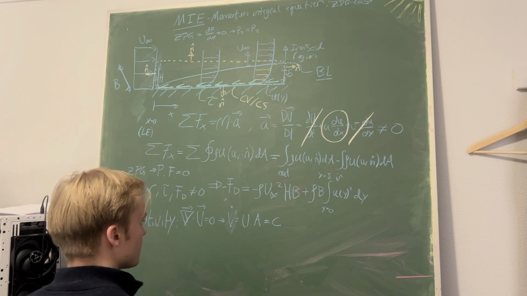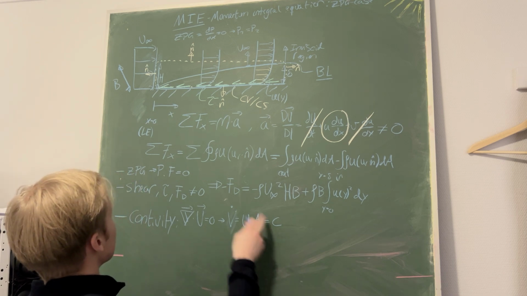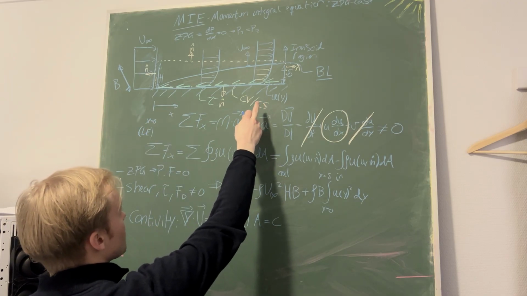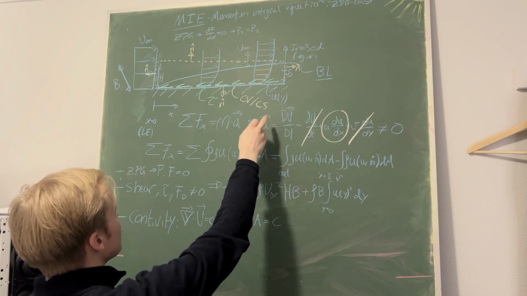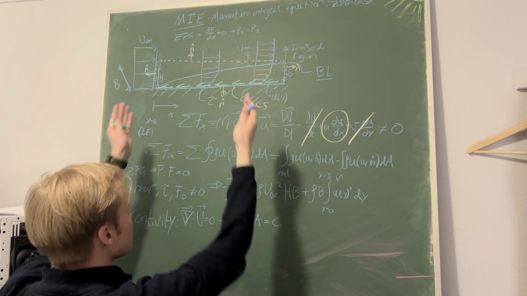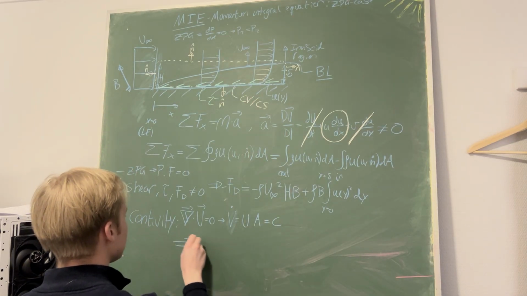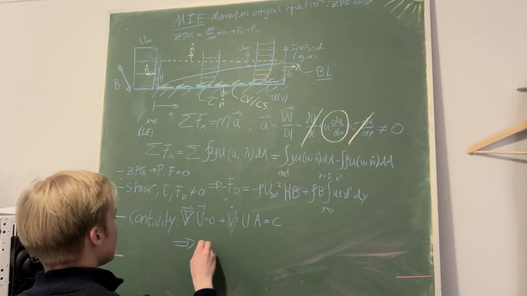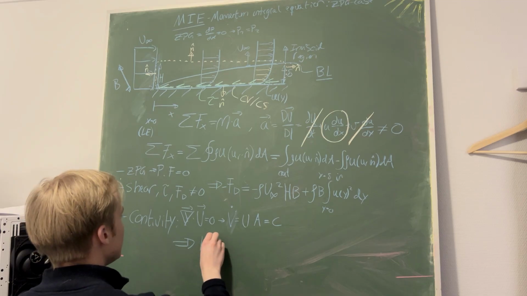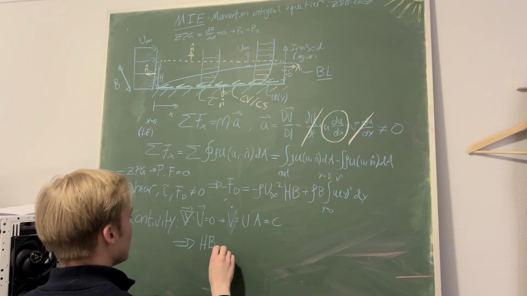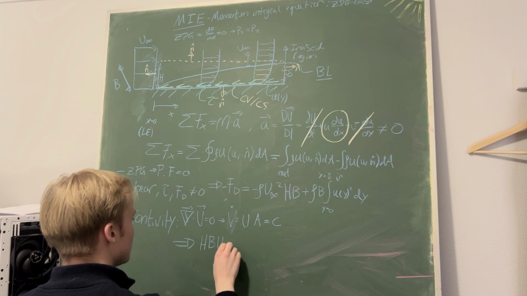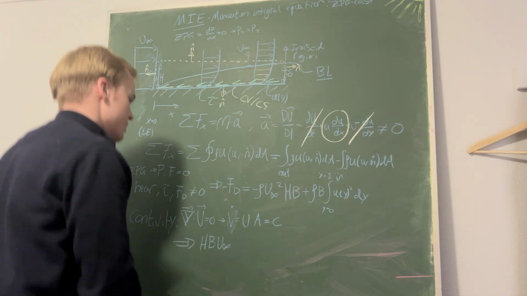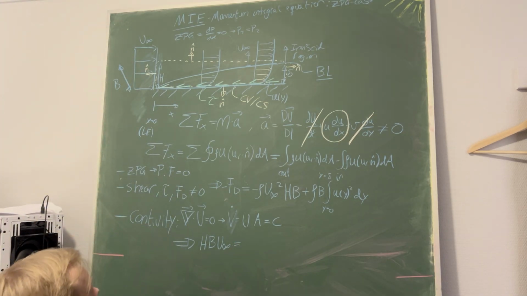That's a mass balance. So if we say that at point 1, at our leading edge, and at some length where we have u as a function of y, the volumetric flow at this point and this point should be the same. So if we take this example first with u infinity, we say that h b u infinity is going to be the same as, now we have the integral.